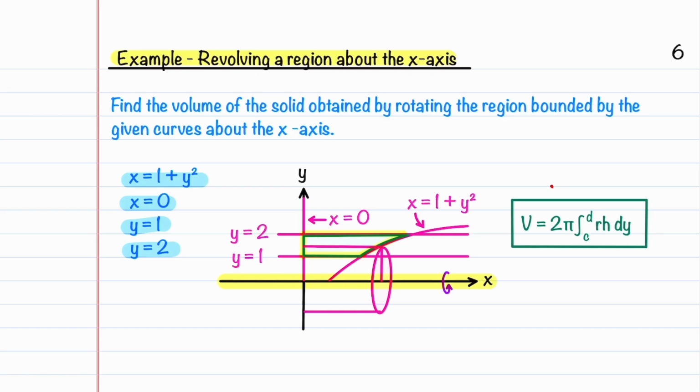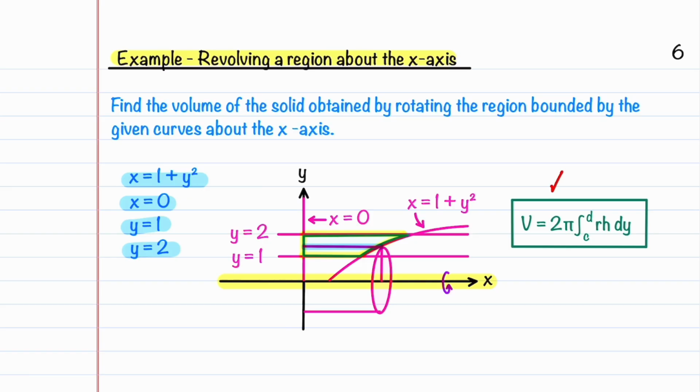And here's the formula that we are going to be using. What we need to do first is find the limits of integration. We are integrating with respect to y because the thickness of each of our cylindrical shells is equal to dy. The first thing that we need to do is to find the points of intersection of all of these curves.